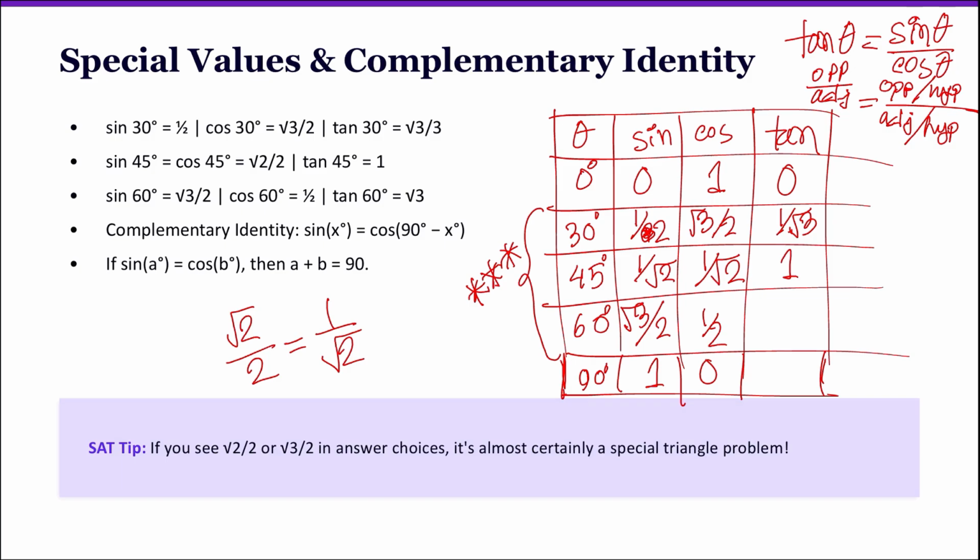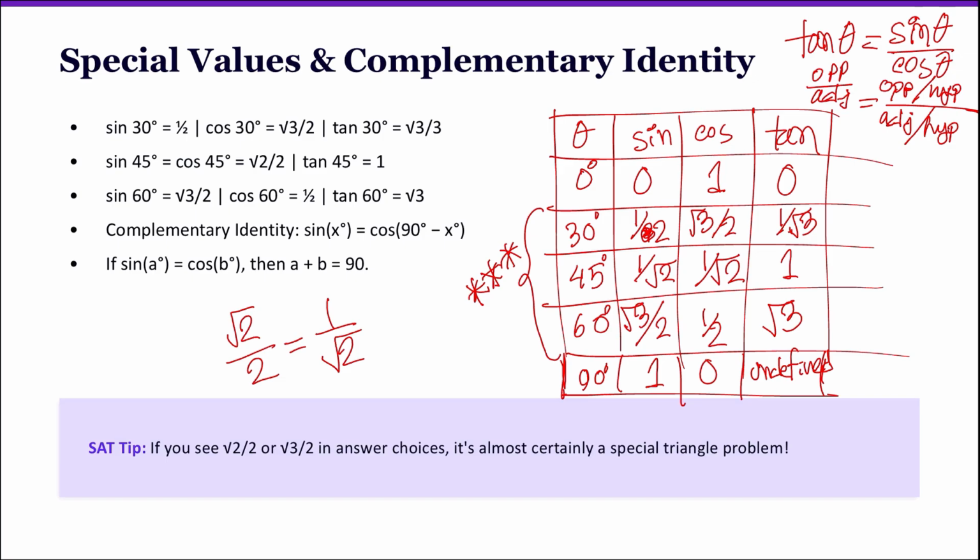For 45 degrees, they're the same, so the ratio is 1. For 60 degrees, it's square root of 3 over 2 over 1 half, so you end up with square root of 3. And for 90 degrees, you're dividing 1 by 0, but we know division by 0 is undefined, so tangent of 90 degrees is actually undefined.